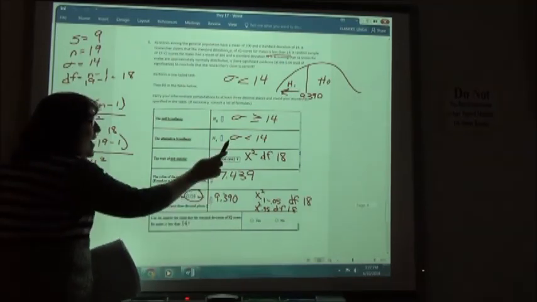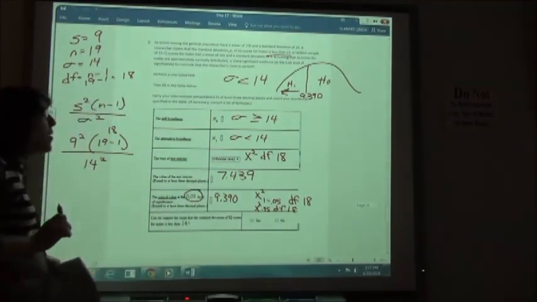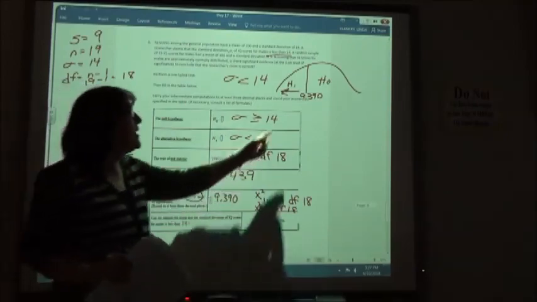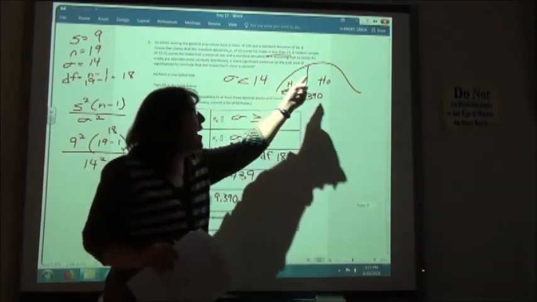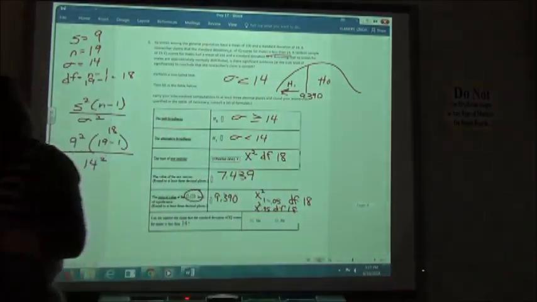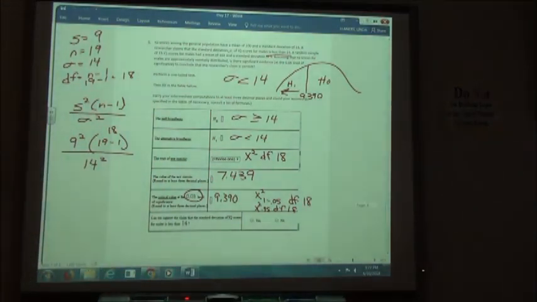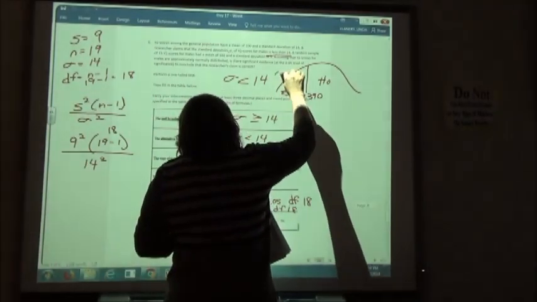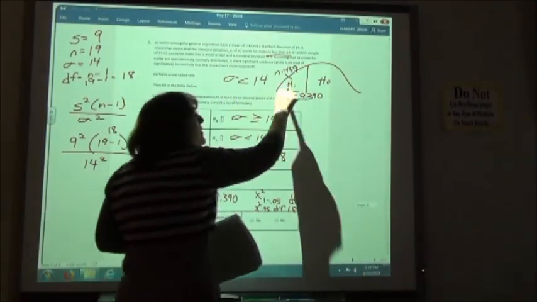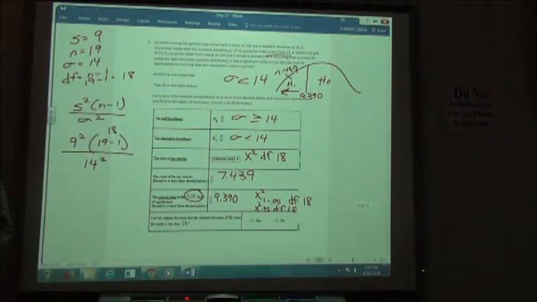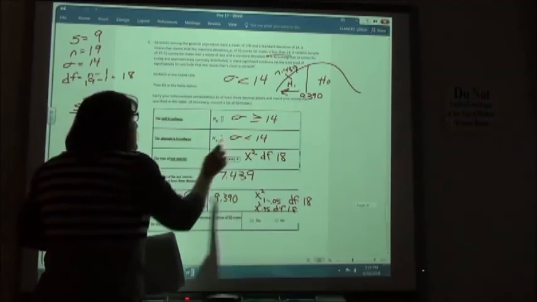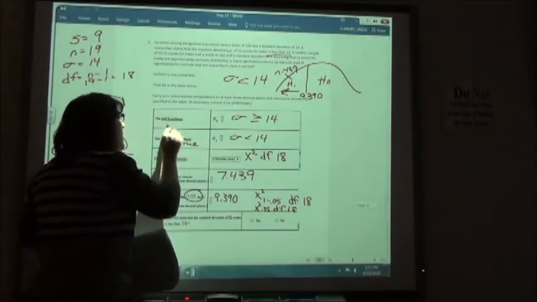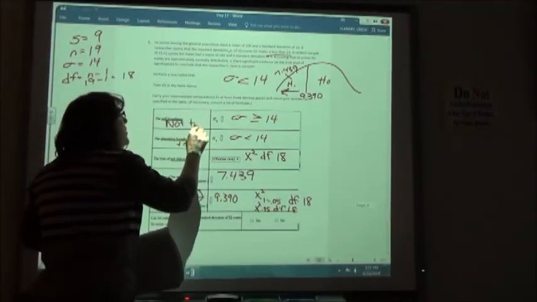On this then, my test value is 7.439. Would my test value fall on the left side or on the right side of my critical value? On the left side, right? My test value, 7.439, falls in this section. So that means it falls in the section of our alternative hypothesis. So that's going to be my true statement, and this is going to be my not true statement.